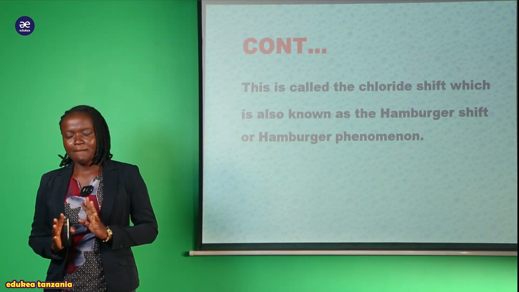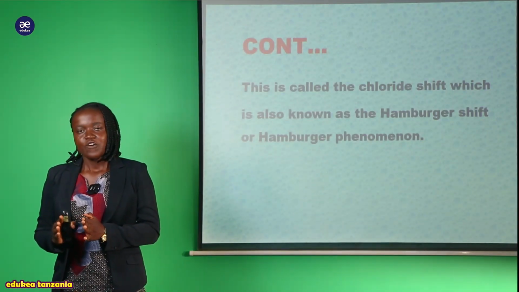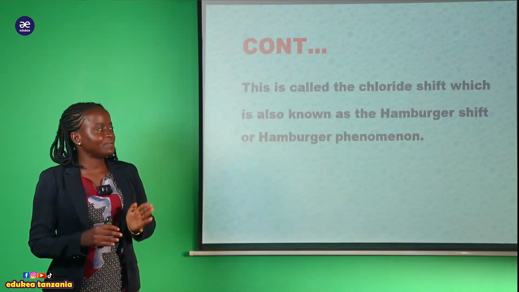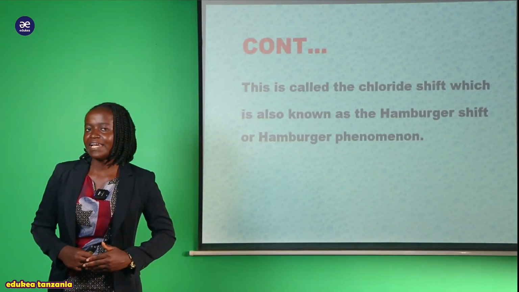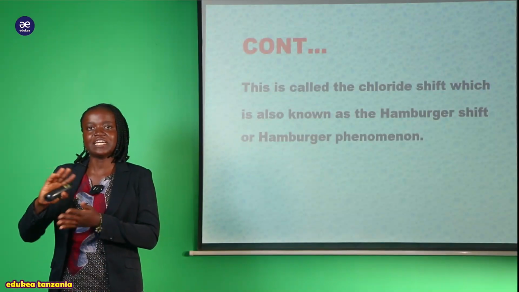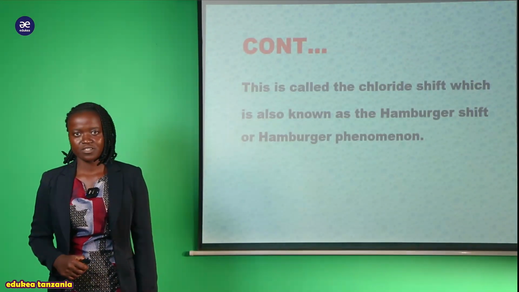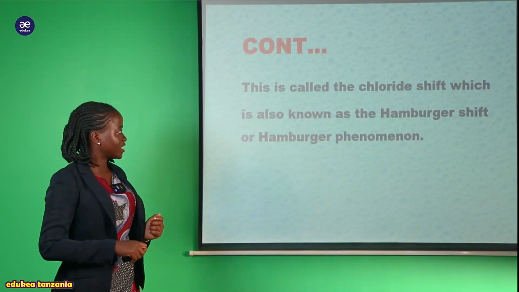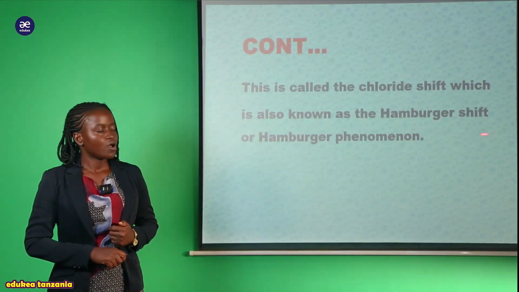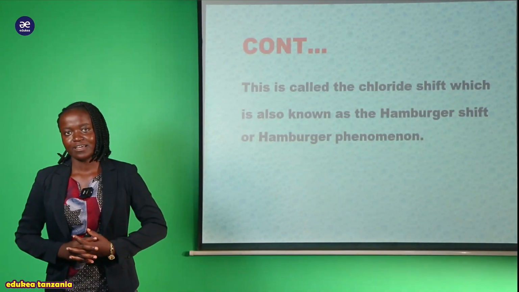The tendency whereby the chloride enters the cell while the hydrogen carbonate tends to leave the cell. Hicho kitendo ndicho ambacho tunaita chloride shift. Another name of the chloride shift is the hamburger shift, or we can call it hamburger phenomenon.